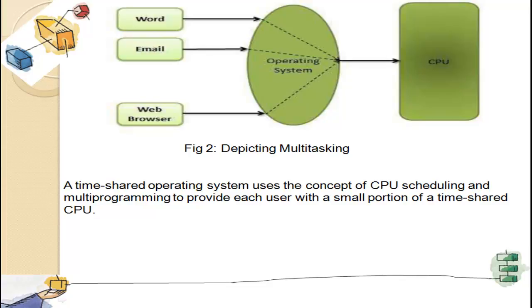What do you mean by time sharing operating system? A time sharing operating system uses the concept of CPU scheduling and multi-programming to provide each user with a small portion of a time shared CPU. That means we have a single processor, and this processor is shared in a timely manner with all these applications.